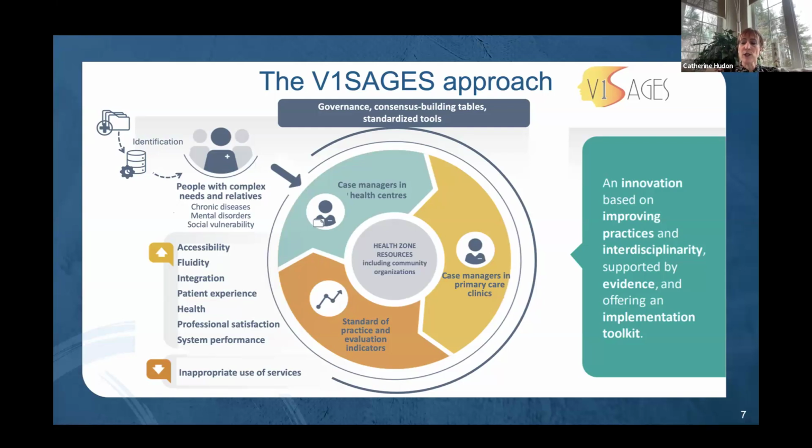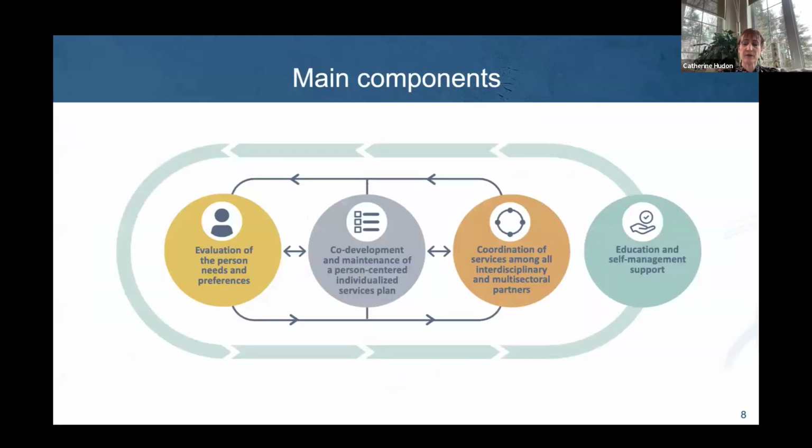We have developed a comprehensive toolkit, including identification and standardized assessment tools, a standard of care, and so on. Implementation tools are also available. Hospital case managers have a dedicated full-time position, while those in primary care clinics integrate coordination activities into their usual tasks.